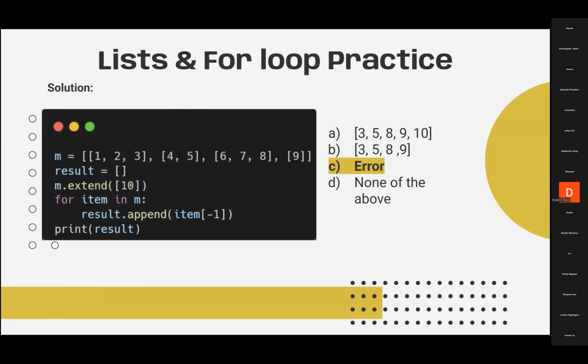And you extend M with this, so you add the 10 to the end of the list M, but not like the first elements of M. Those are all with square brackets, so they're all lists. The last element 10 is just a number, just an integer, and it's not a list type.